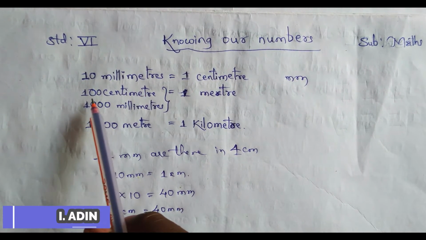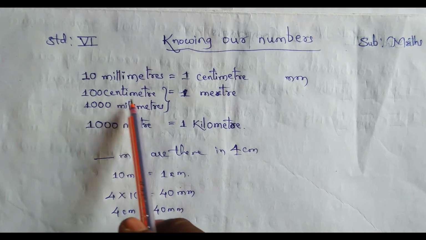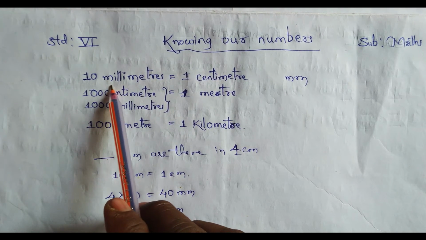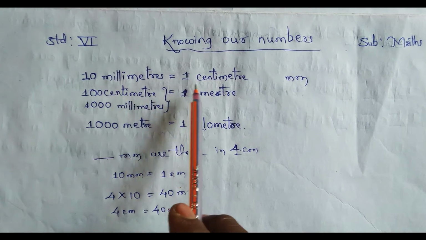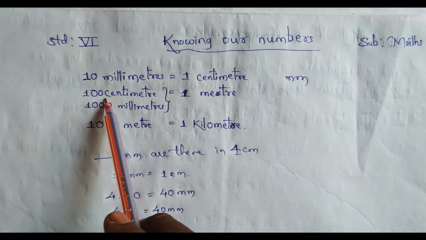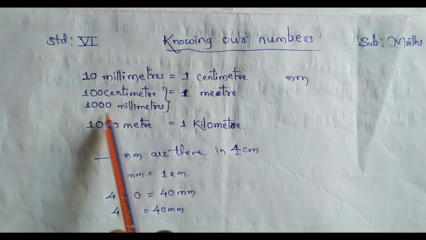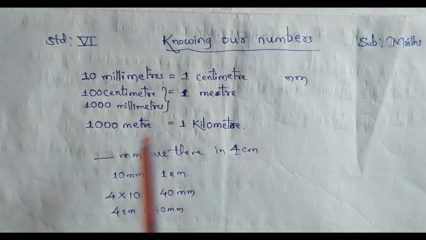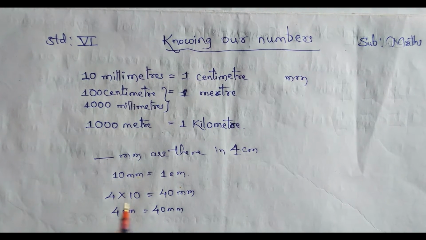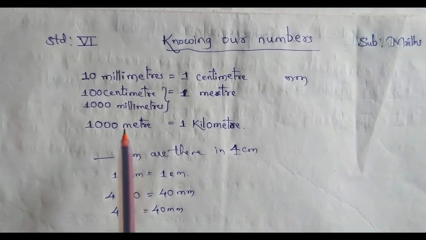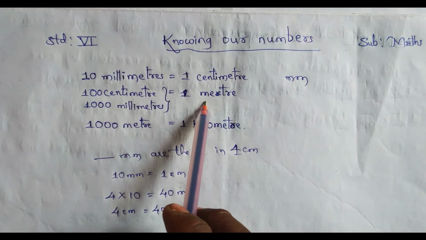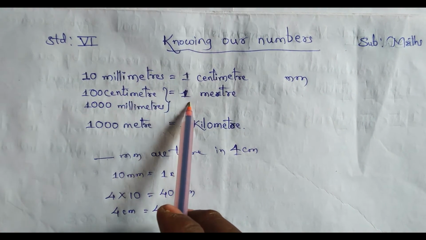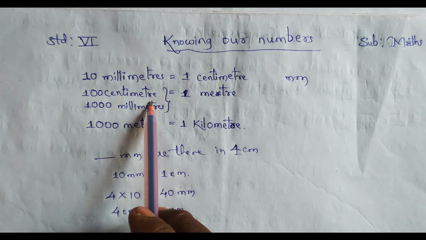So next, 10 millimeters is equal to 1 centimeter. 100 centimeters, or 1000 millimeters, are equal to 1 meter. When you go to the market, if you want to purchase cloth, you will ask in meters. So 1 meter is equal to 100 centimeters.